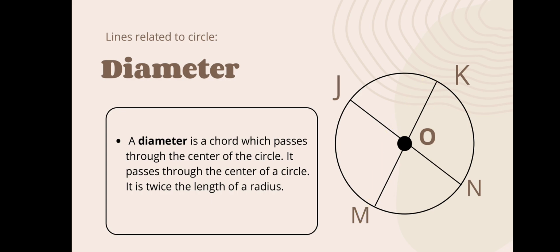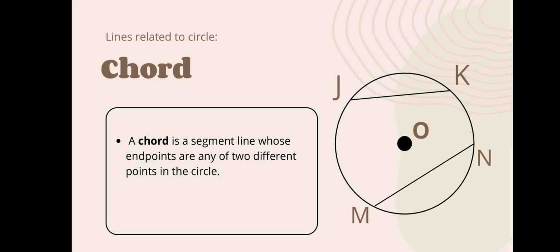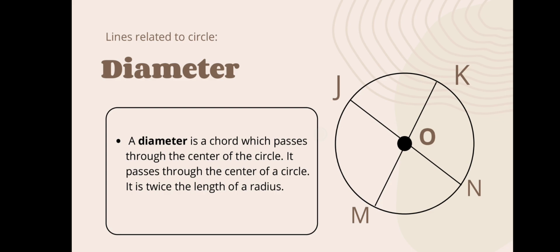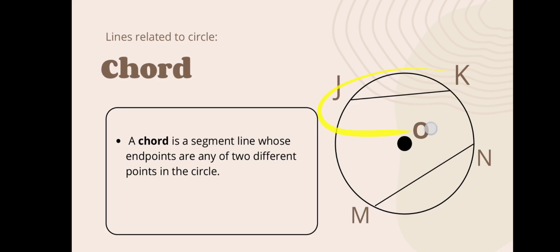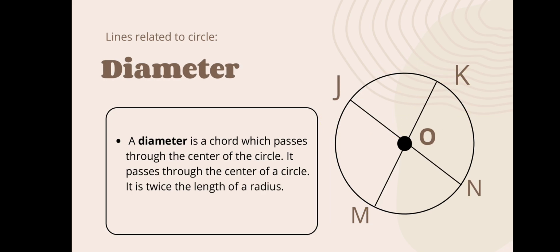And it says here that diameter is a chord which passes through the center. So let's go back to the chord. The chord here doesn't pass through the center, but it says here that a diameter is a chord, and that means that diameter is also a chord, but a chord is not a diameter. So is it clear? Yes. So let's proceed.